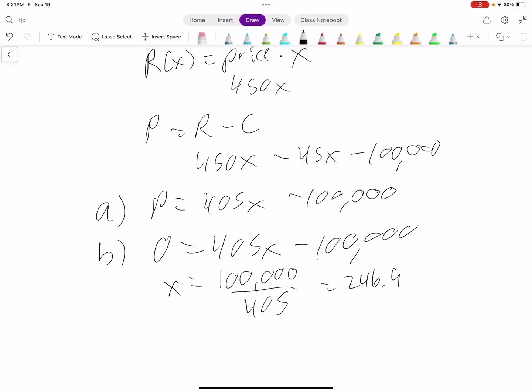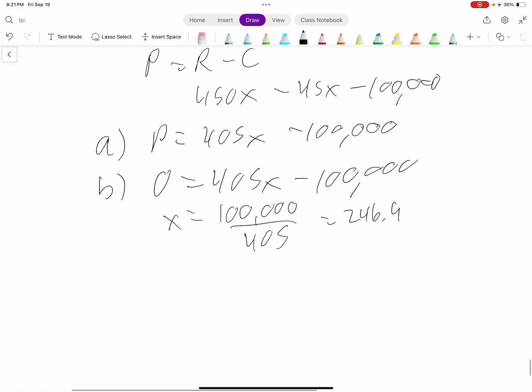Okay, so that's our break-even point. So we can round that up to the nearest whole unit of 247. Okay, and then the marginal profit is again right here. It's 405. Okay, so that's 14.